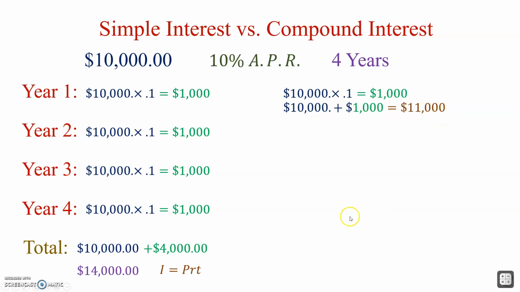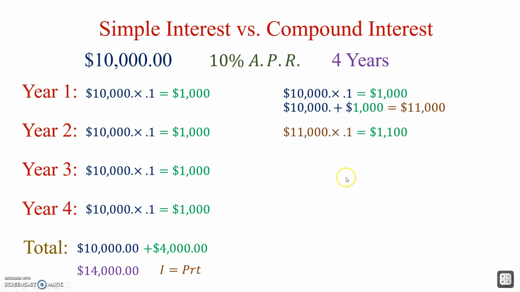What will happen in compound interest, we take this 11,000, and when it's time to do our interest, we'll take the 11,000 multiplied by the 10% to give us 1,100. This is what that statement in the earlier slide said, interest on interest. So we gain an additional $100 if we compare it to simple interest.